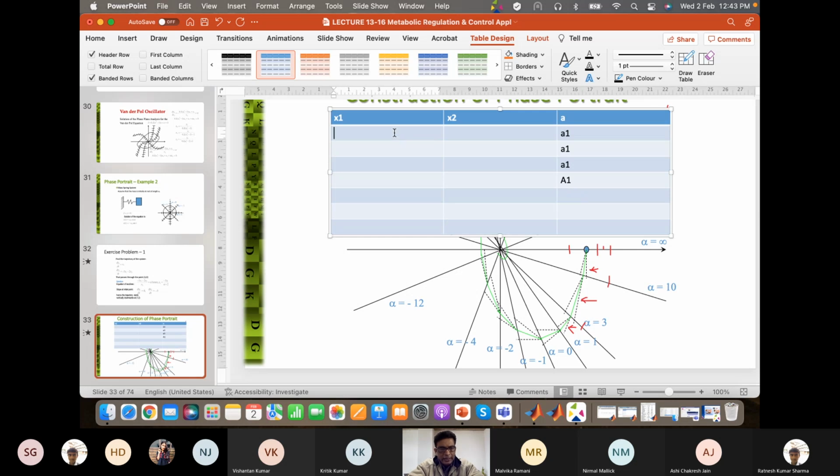So if I take x1,1 as the first point, x1,2 as the second value, x1,3 as the third value, then when I put alpha equal to 1 and solve the equation, for alpha equal to a1, based on that isocline equation, I will get x2,1, x2,2, oh sorry, this is x1,3, x2,3.